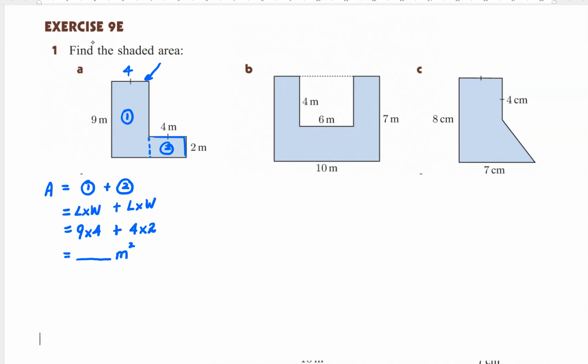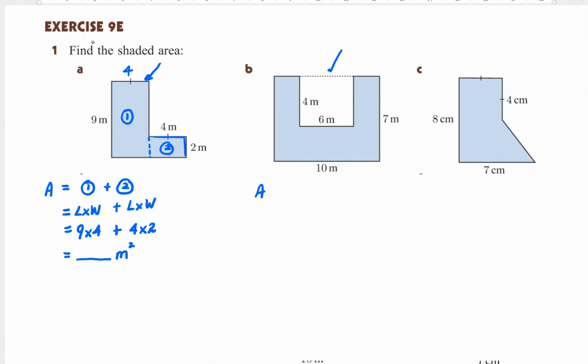Part B, right, you could split the rectangles into 3 rectangles and work that out, but they've sort of given you a little bit of a clue here by giving you that little dash dash dash. So I'm now going to say this is going to be the big.